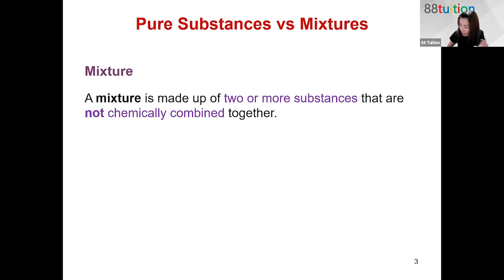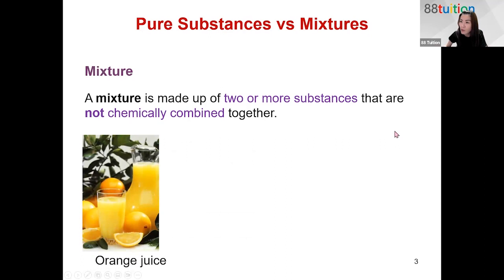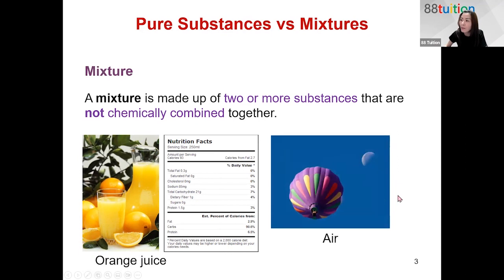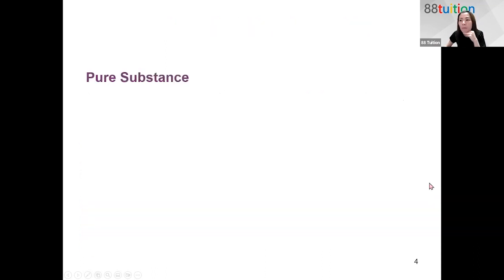They are not something beyond that. Like orange juice, you can see the contents inside the orange juice. And then air as well. Air is a mixture. It's made out of nitrogen, oxygen, carbon dioxide, water vapor, and other gases. So air is also a mixture.